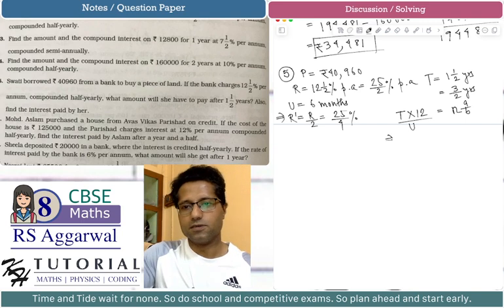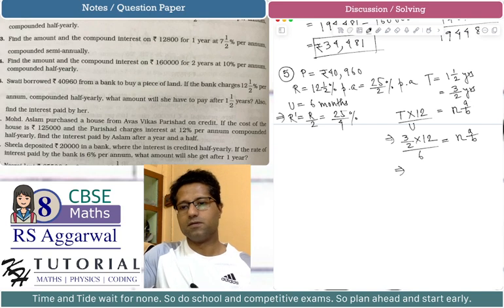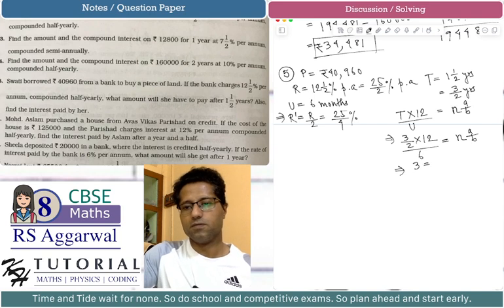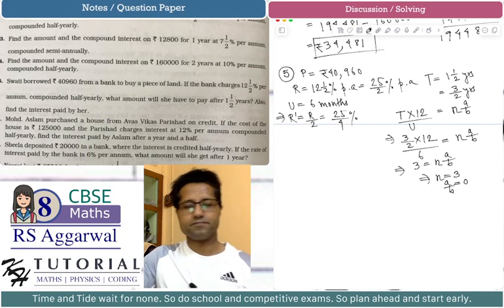So t is 3 by 2 multiplied by 12 divided by u is 6. This is equal to n a by b. So this becomes 3. So n is equal to 3 and the fraction a by b is equal to 0.